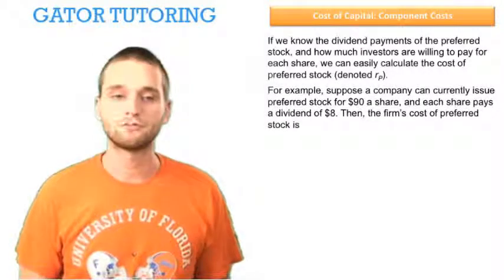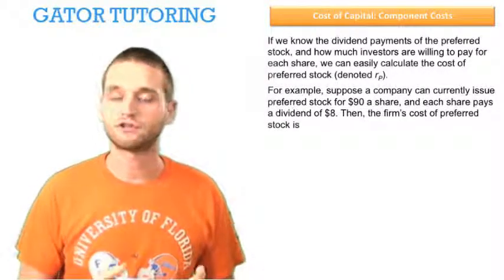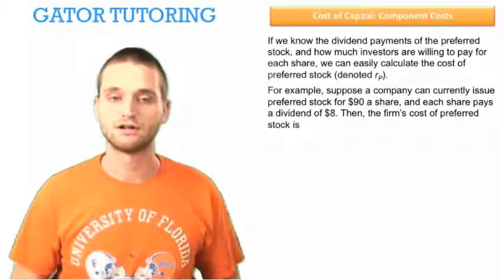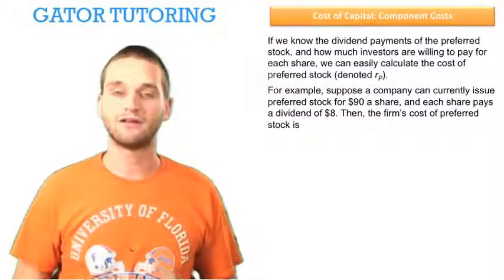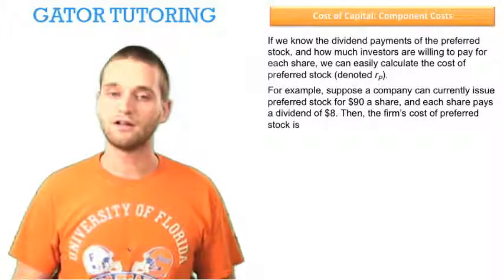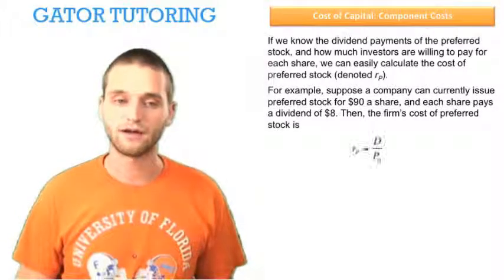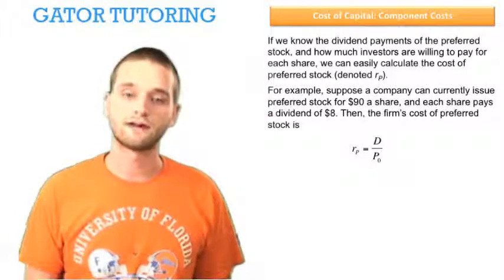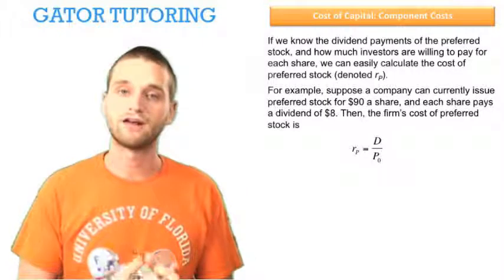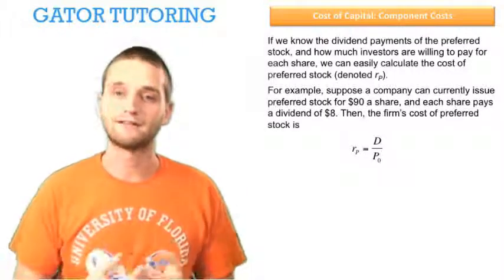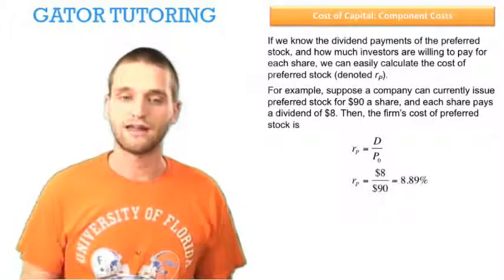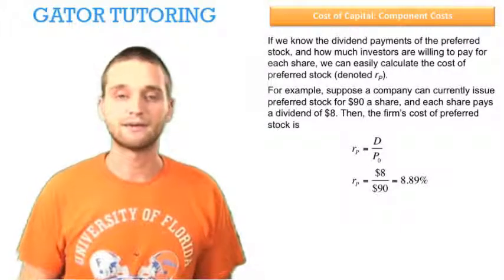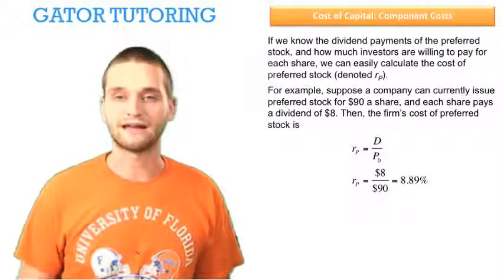For example, suppose a company can currently issue preferred stock for $90 a share, and each share pays a dividend of $8. Then, the firm's cost of preferred stock is just the dividend divided by the price. It's the percent of the price that is being paid out as a dividend. So it's the $8 dividend divided by the $90 price, or 8.89%.